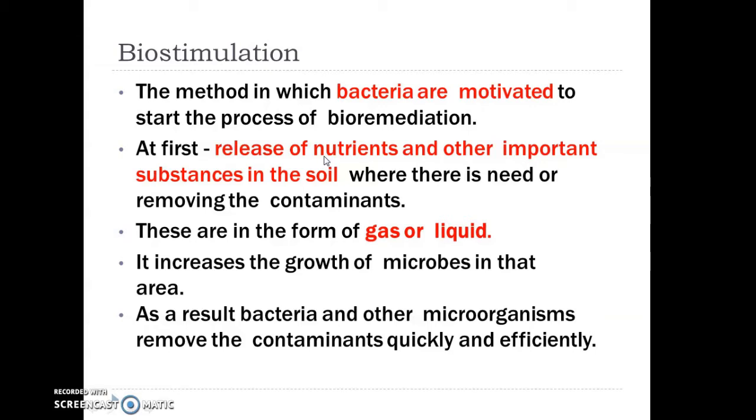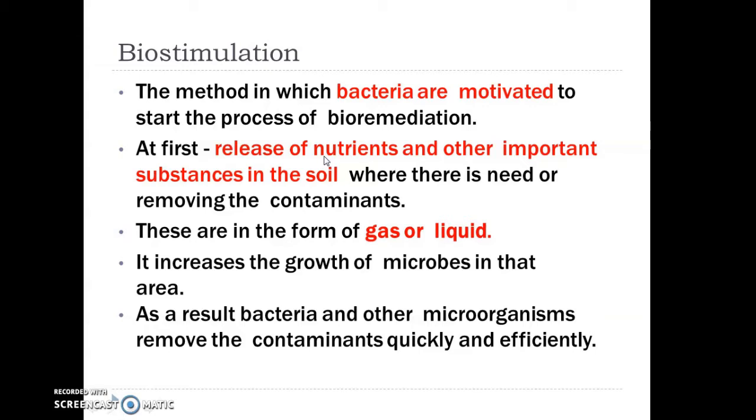At first, nutrients and other important substances are released in the soil where removal of contamination is required. In the contaminated site, we release nutrients which are important for the growth of the bacteria. Then the bacteria are cultured. This nutrient which is released is in the form of gas or liquid, and it increases the growth of bacteria in that area.